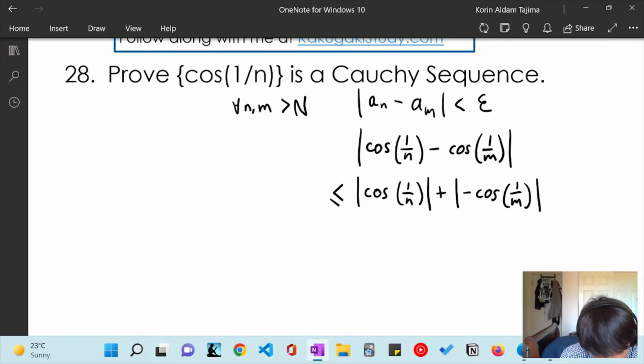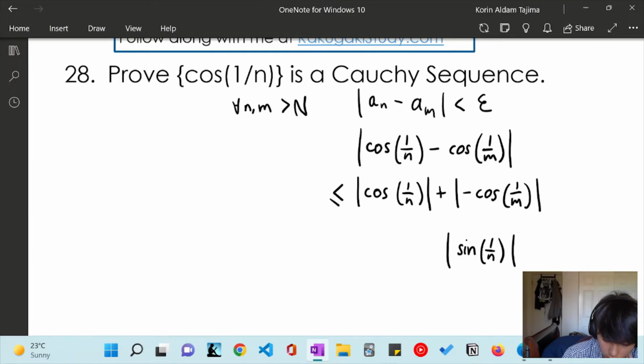And there was a property that I remember from a previous video: the absolute value of sine of 1 over n is less than 1 over n. Some property like that.